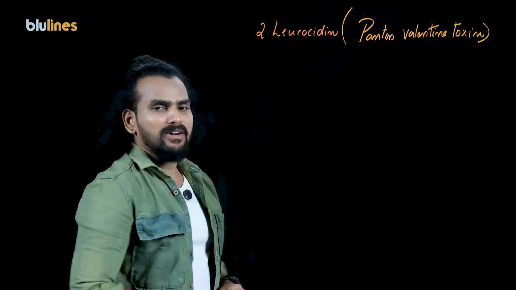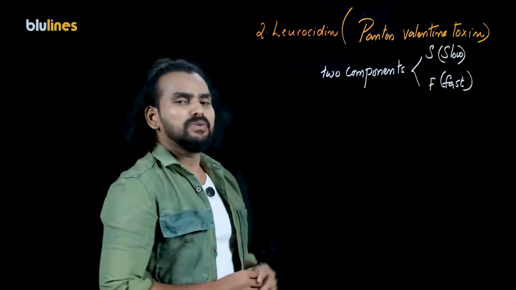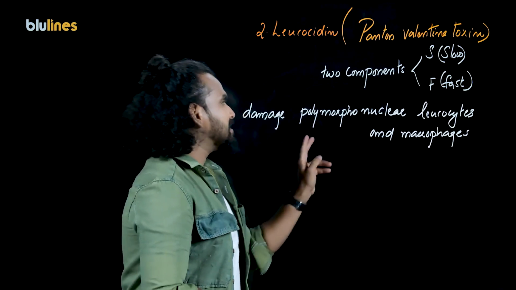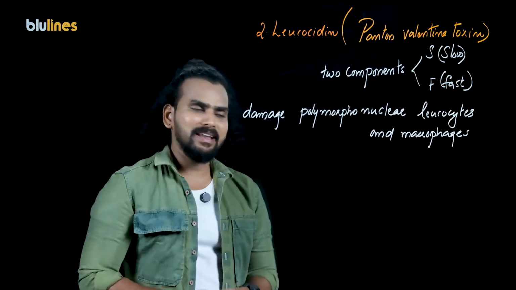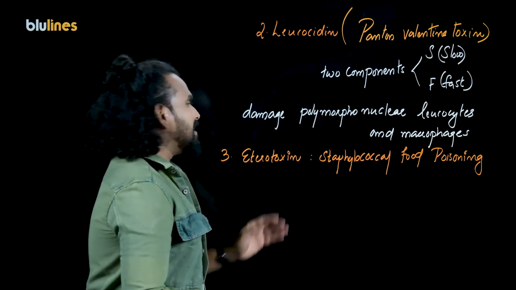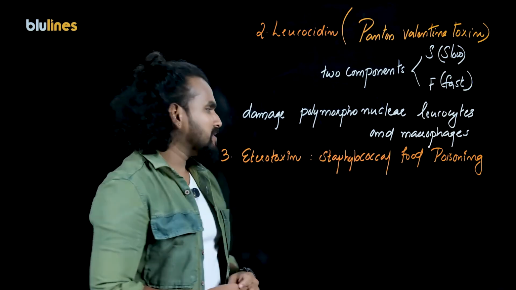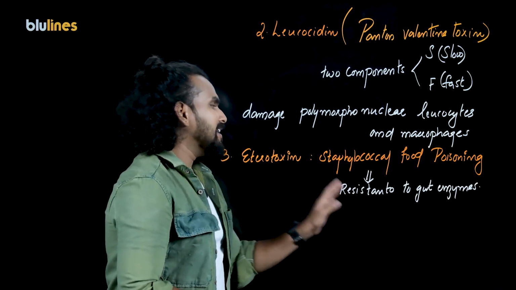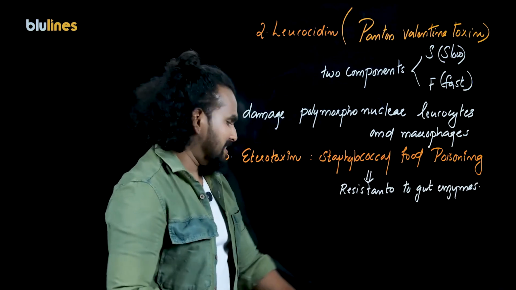Then the next toxin is leukocidin, also called the Panton-Valentine toxin after the discoverers. Then they have 2 components, fast and slow, and they damage polymorphonuclear leukocytes and macrophages. Then enterotoxin is very much associated with staphylococcal food poisoning and they are resistant to gut enzymes.